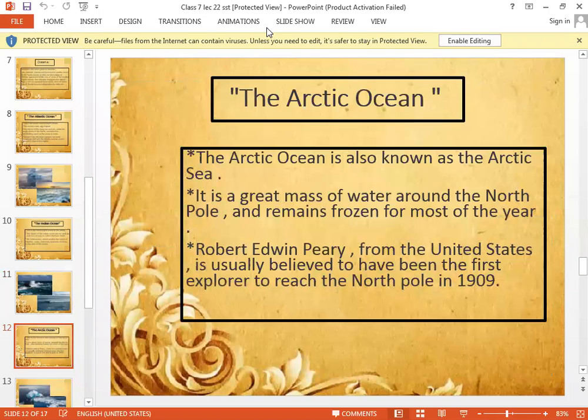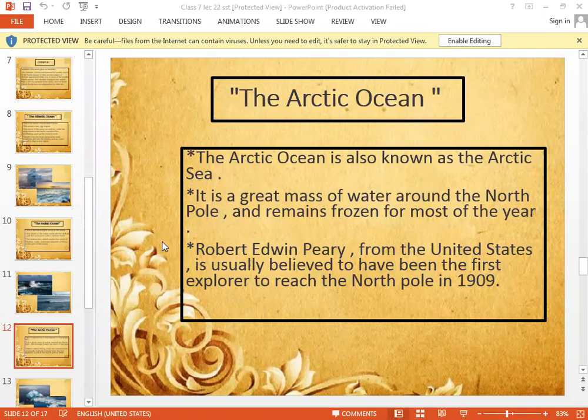Now the Arctic Ocean. The Arctic Ocean is also known as the Arctic Sea. So underline this line. It is a great mass of water around the North Pole and remains frozen for most of the year.